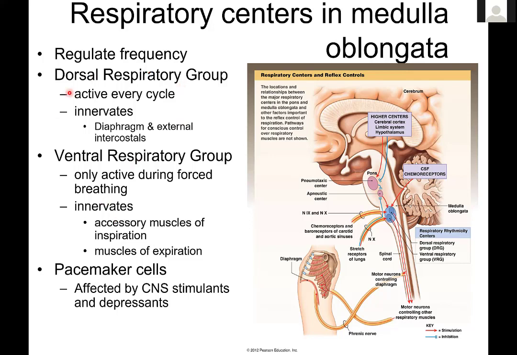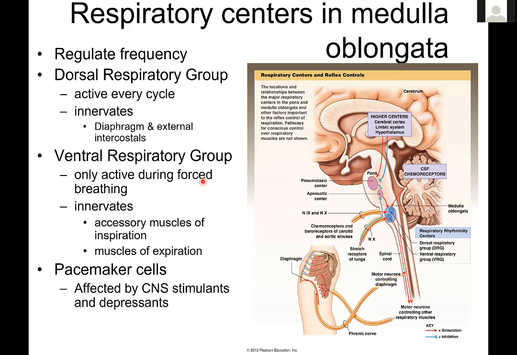So this is active every cycle. If I put an electrode in here and watched what those neurons were doing with each inhalation of a patient, what I would expect to see is a spike train, so lots of action potentials in a row, during every inspiration, and then nothing during expiration.